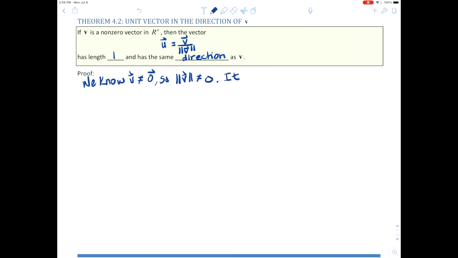And from that it follows that what? Beautiful. We can divide by the magnitude of v or multiply by 1 over the magnitude of v. So we've got it set up for part of our proof. It's defined and positive.